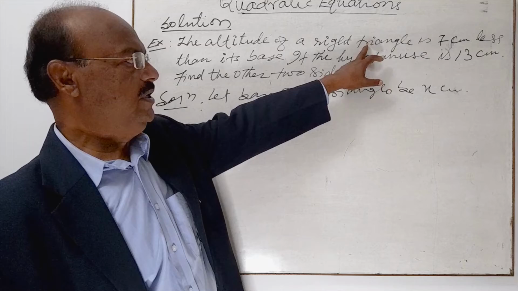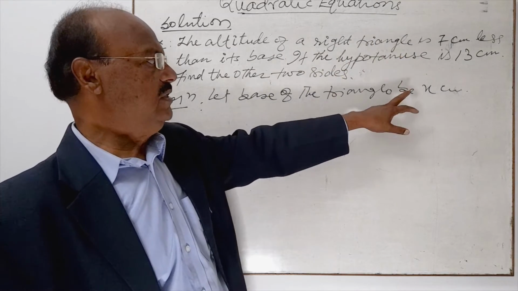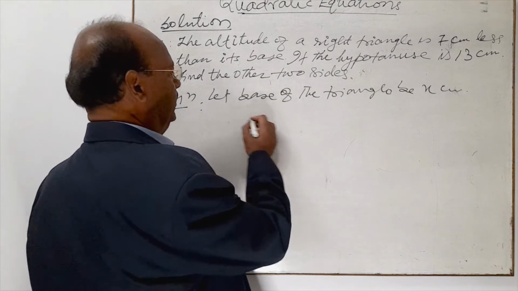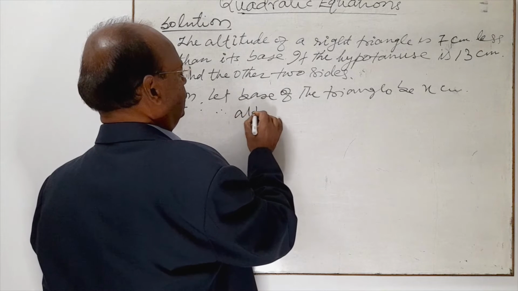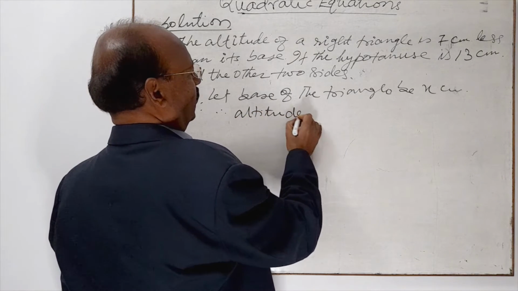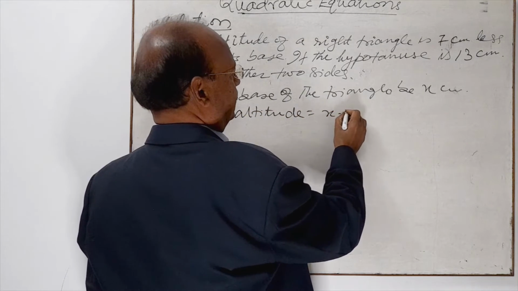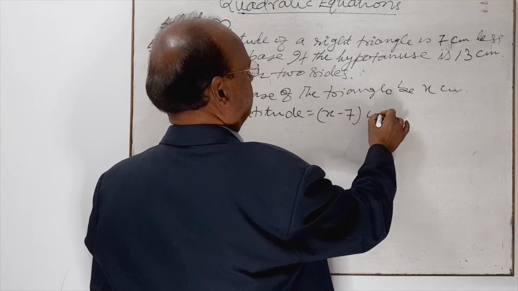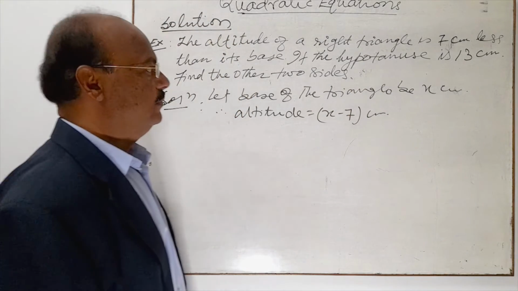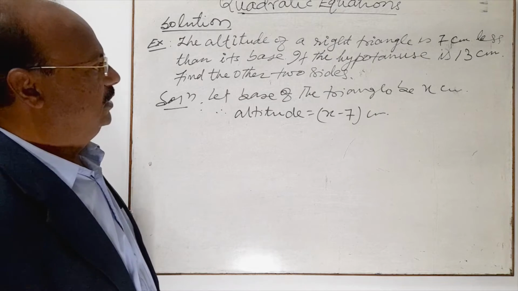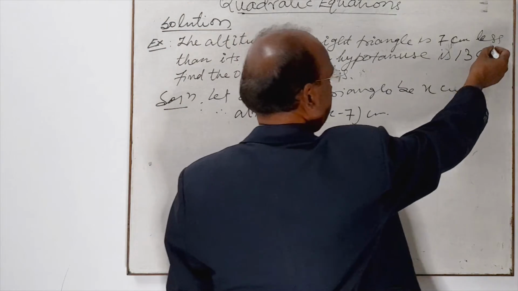So the altitude will be 7 centimeter less, meaning x minus 7. Therefore, the altitude of the triangle is x minus 7 centimeter.